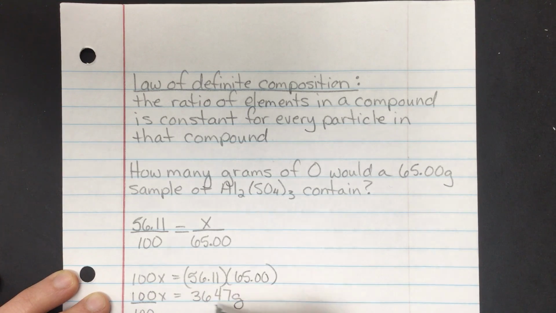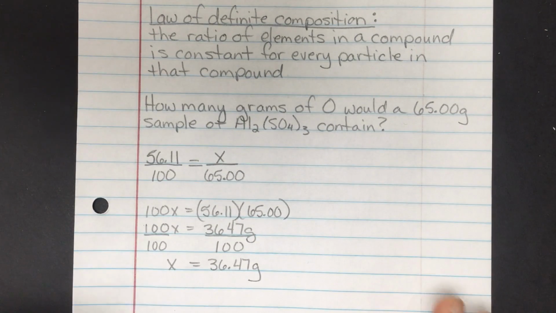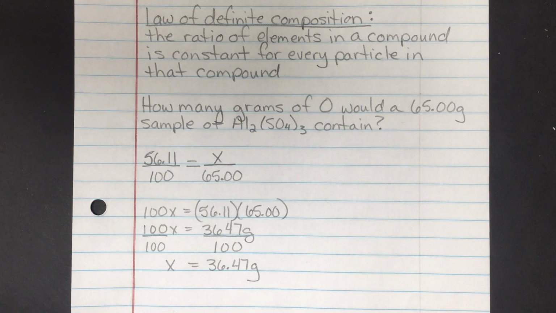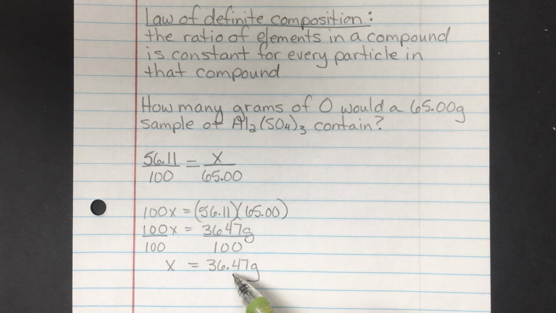Divide each side by 100, and x equals 36.47 grams. So it's just cross multiplying and dividing.